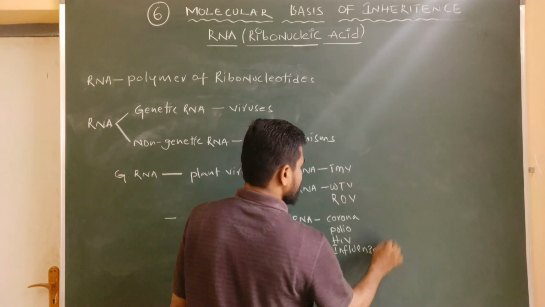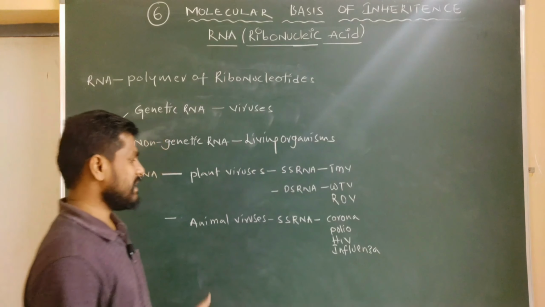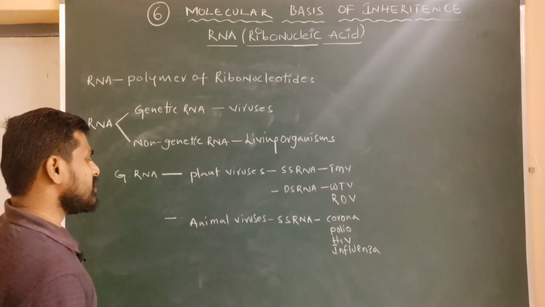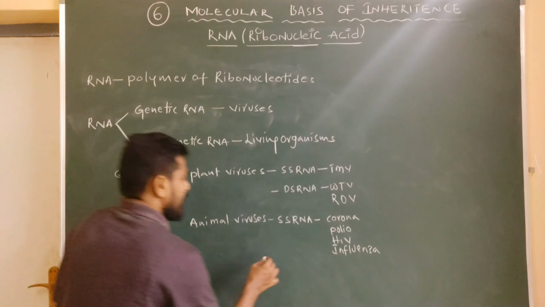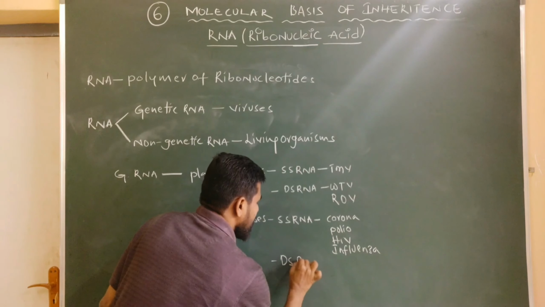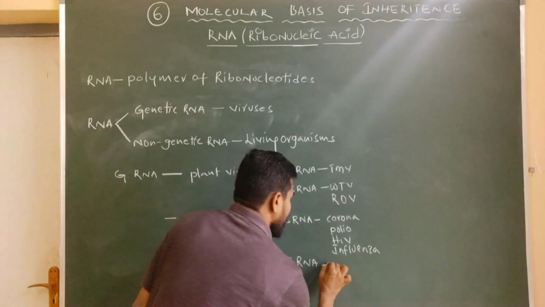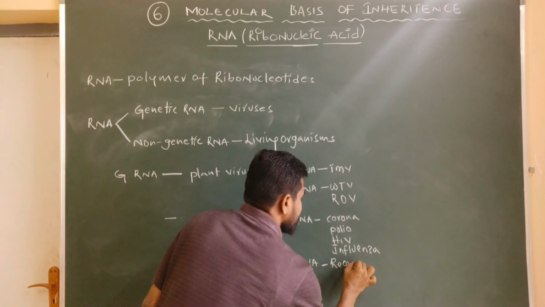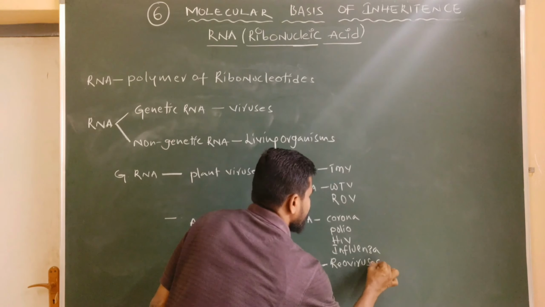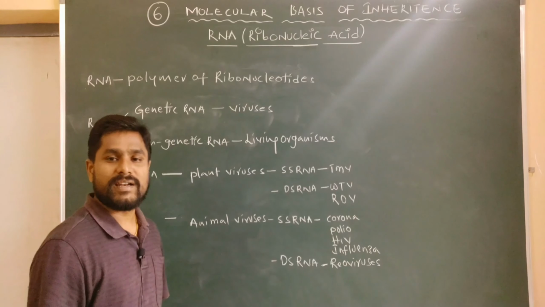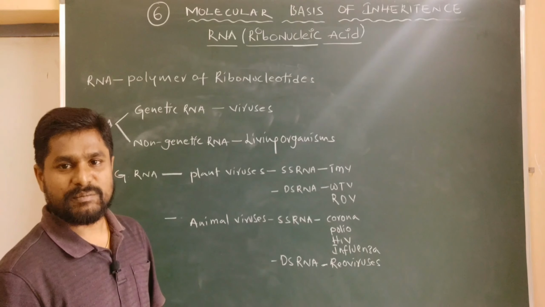These are some animal viruses having single stranded RNA as a genetic material, but there are some animal viruses having double stranded RNA as a genetic material. For example, reoviruses are animal viruses which consist of double stranded RNA as a genetic material.